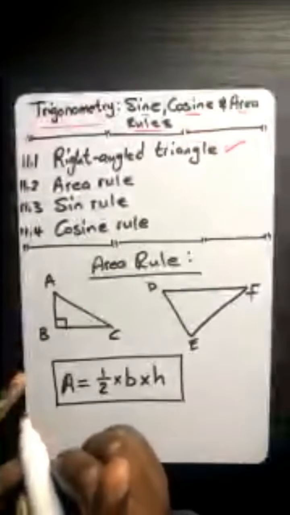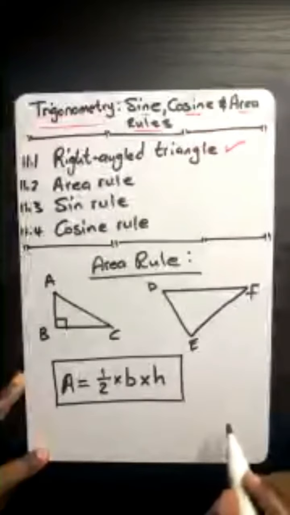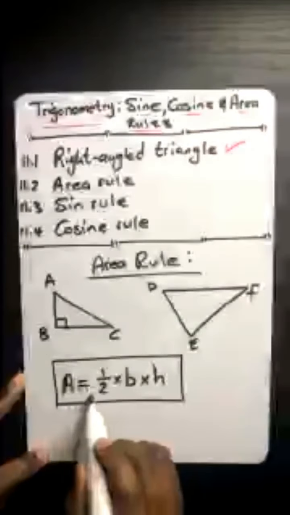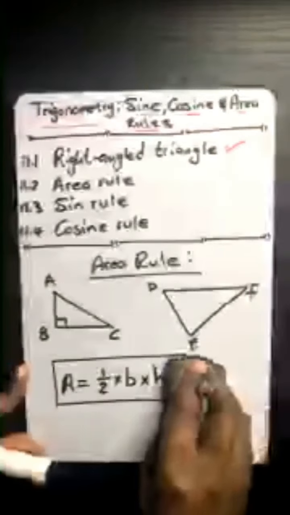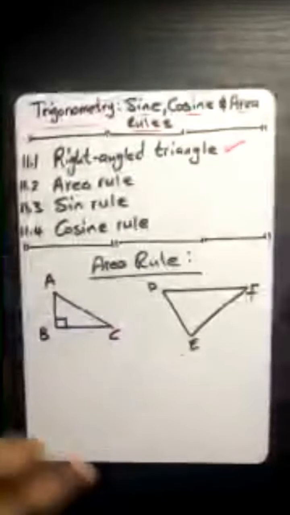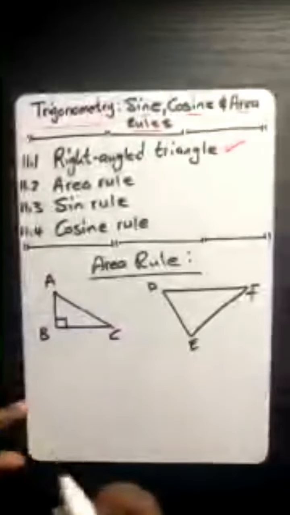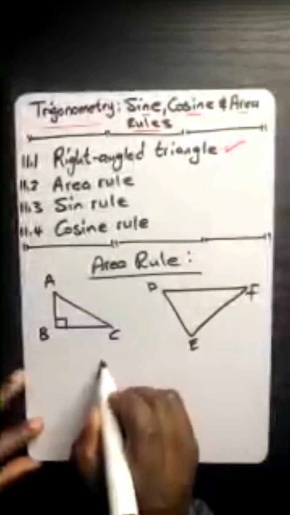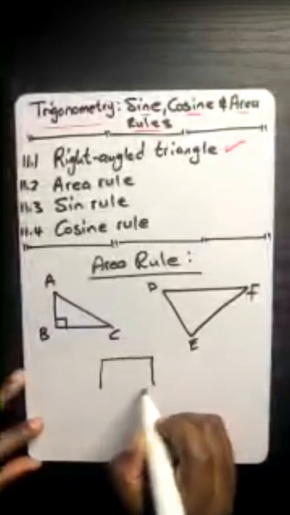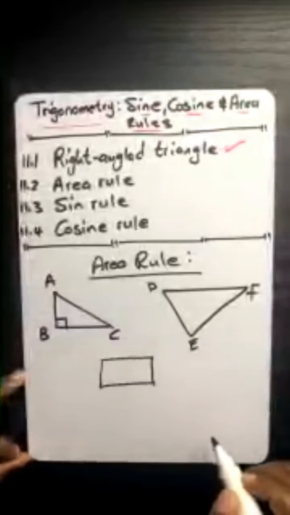But I want to quickly take you through the formation of this formula. It's very important that you understand where these formulas are coming from. They don't just come from anywhere. Before we had the formula of a triangle, it first started as the area of a rectangle.